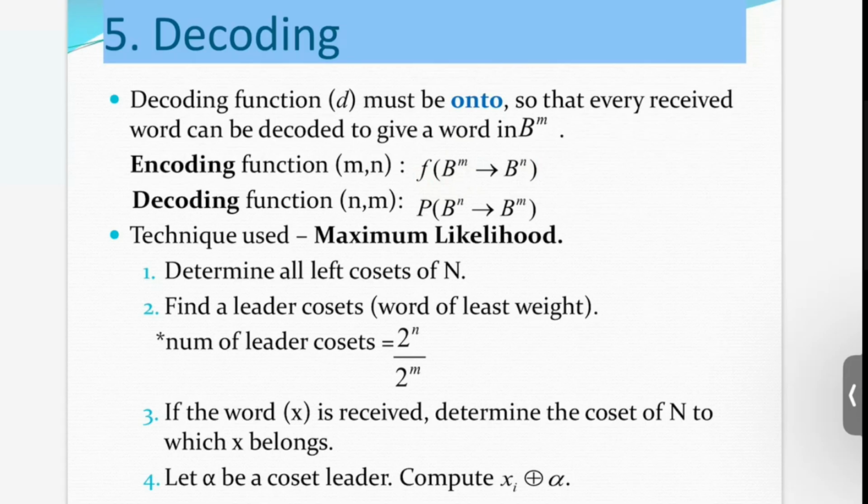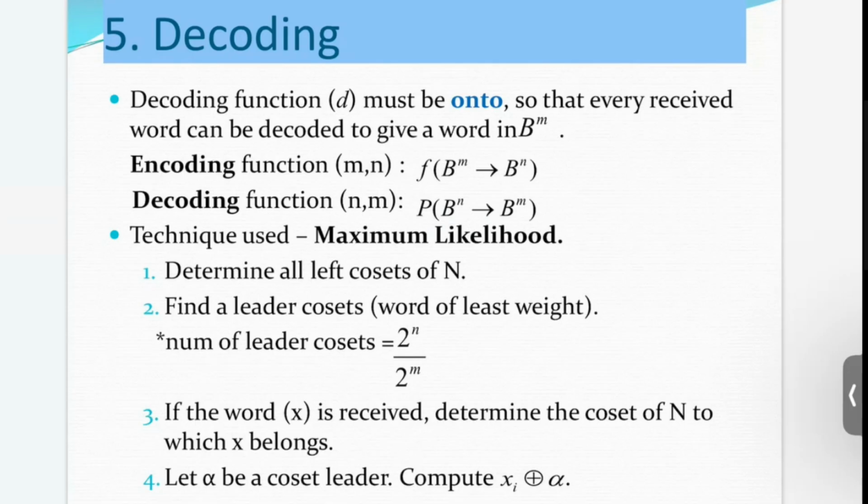Decoding is the inverse process: B^n to B^m just now, then inverse it, you get n to m.